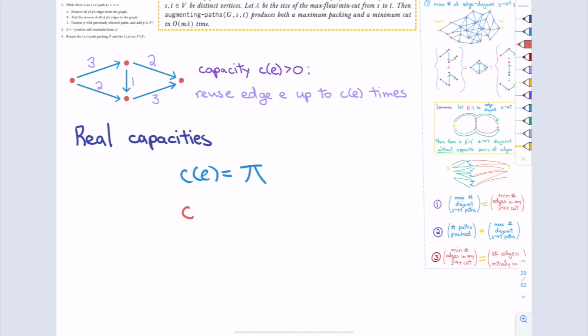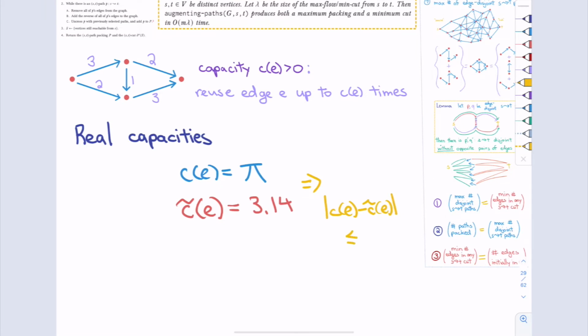For example, if I define a new set, I'll call it C tilde, that is very close in value, like writing 3.14 for pi, then the difference between the two capacities is something small, 0.00159, whatever. So in general, we can choose some small epsilon greater than 0 and pick rational capacities.